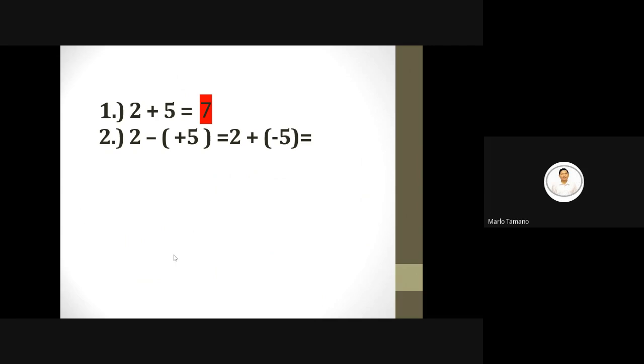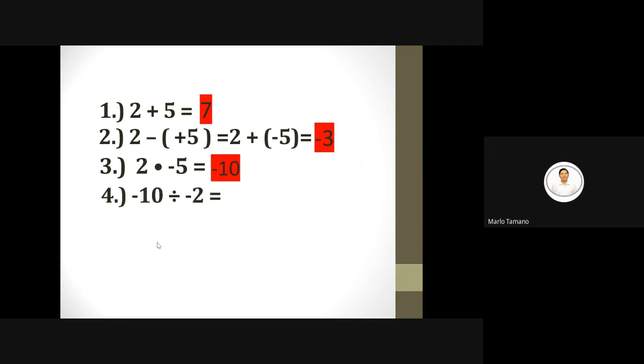The answer is negative 3. Number 3, we have 2 times negative 5. Now, we all know that when multiplying unlike signs, the sign of the product is negative. So, 2 times 5 is negative 10.